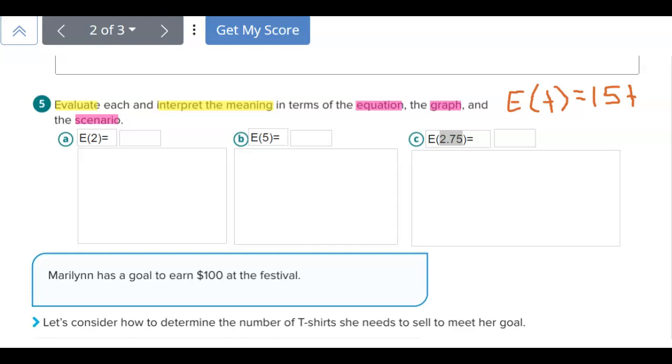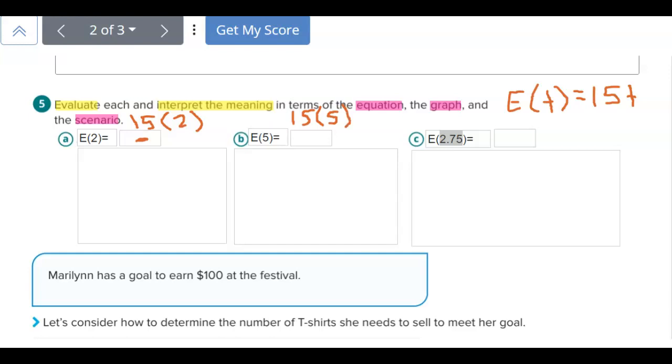So e of 2 is going to be 15 times 2. Whatever the result of 15 times 2 is, you're going to put in this box right here. And whatever 15 times 5 is, you're going to calculate e of 5 by calculating 15 times 5.